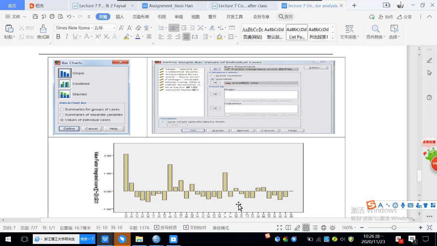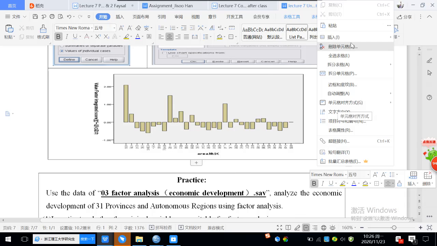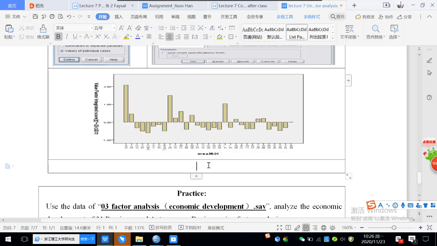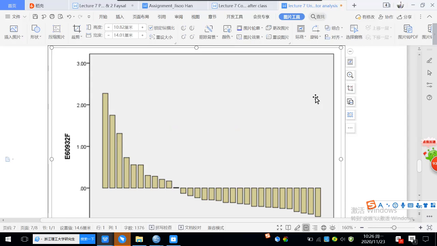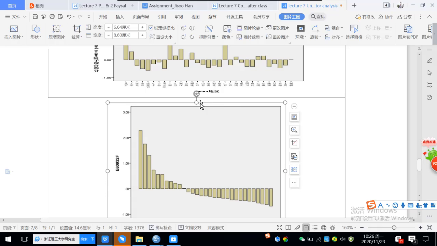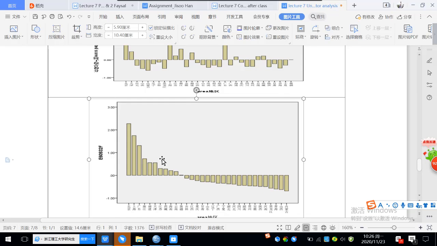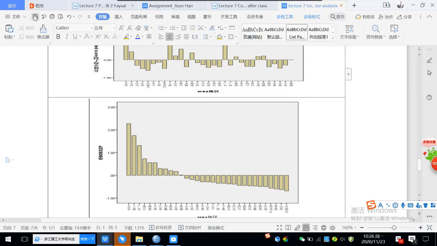I'll copy it. Okay, now this case is explained completely, hoping you can understand.